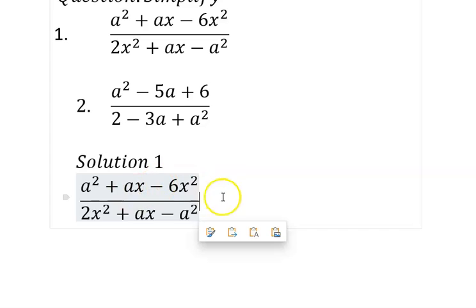Now, if you look at what we have at the numerator and what we have at the denominator, all we need to do is to simplify them out, to factorize and see what we can get in common. So we are going to do it separately and see how we can go about them.